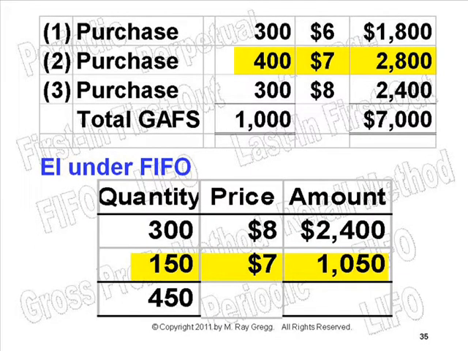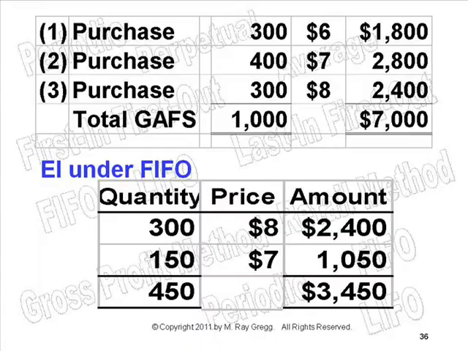Now here's a whole batch of 400 that cost me $7 each. I only need 150 of them to come up with the 450 in inventory. I'm going to value these 150 in inventory at $7 apiece. 150 times 7 is $1,050.